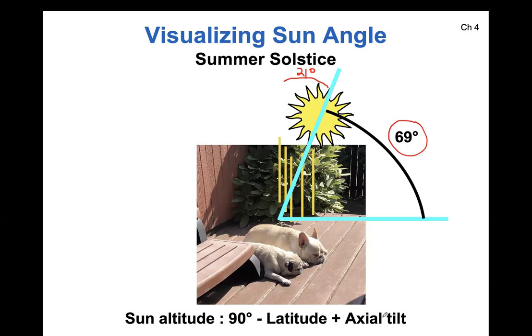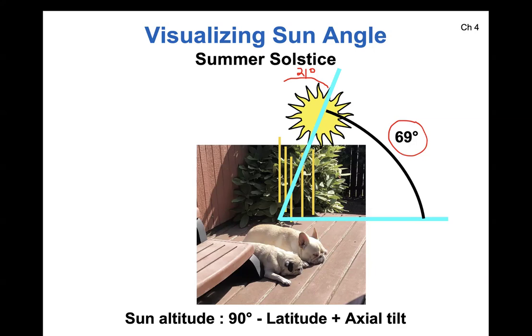And which altitude? The sun's altitude at the longest day of the year, the day where the sun is as high in the sky as it will ever get, the summer solstice. So the northern hemisphere summer solstice, this is the equation you would use. It would be really similar for the southern hemisphere, but you would have to consider that the latitude is defined as negative. But we're only going to show the northern hemisphere in the slides.